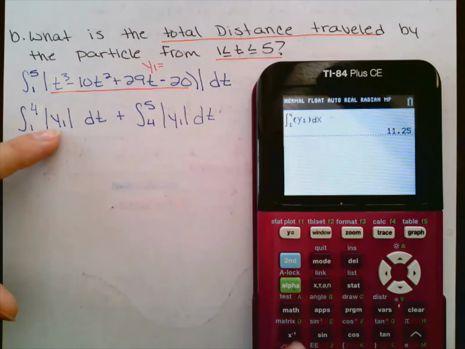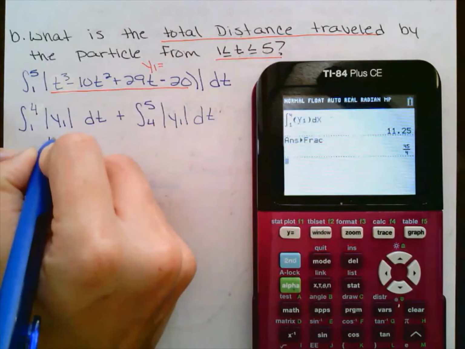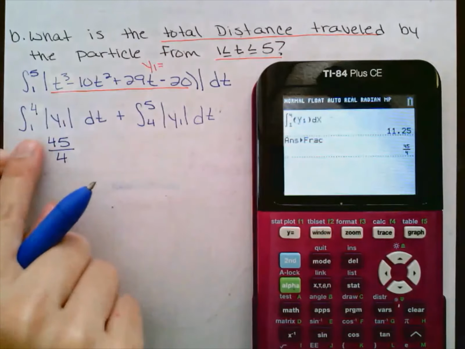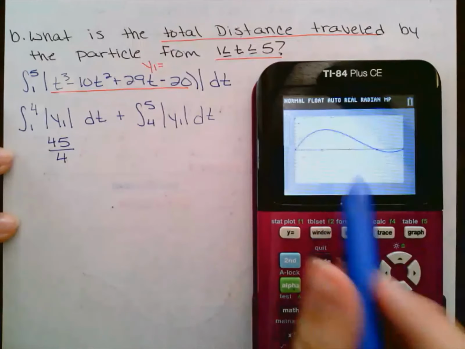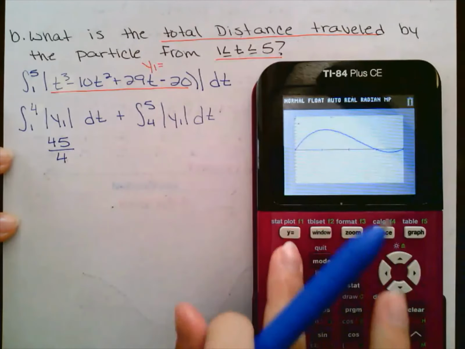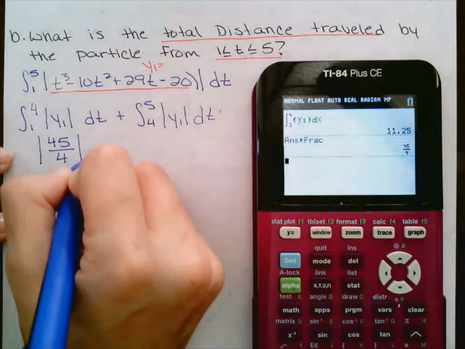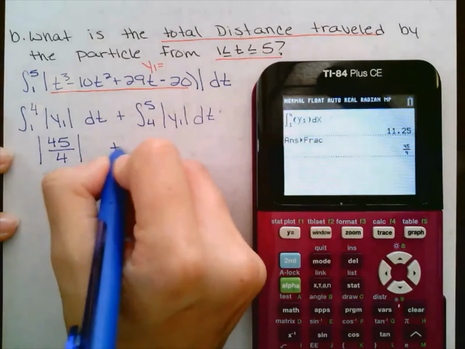This gives me 11.25. I'm going to do my math frac. Now, it gave me a positive answer. That should make sense to you because on the graph, that left side from 1 to 4 was positive. It was above, okay? Now, if it wasn't, I would take the absolute value of it just in case.